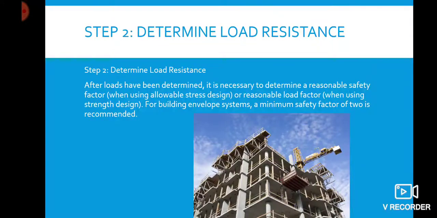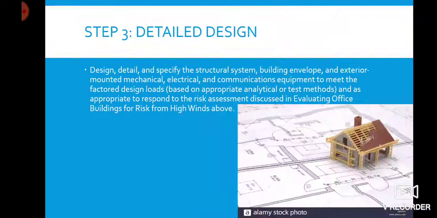For structural members and many cladding elements, load resistance can be determined by calculations based on test data. Step 3. Detailed design. Design, detail, and specify the structural system, building envelope, and exterior mounted mechanical, electrical, and communication equipment to meet the factored design loads based on appropriate analytical or test methods.